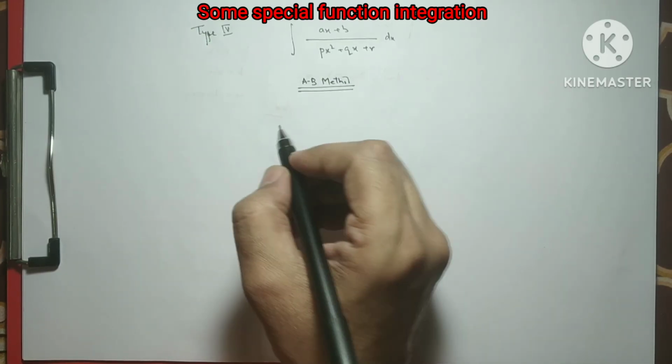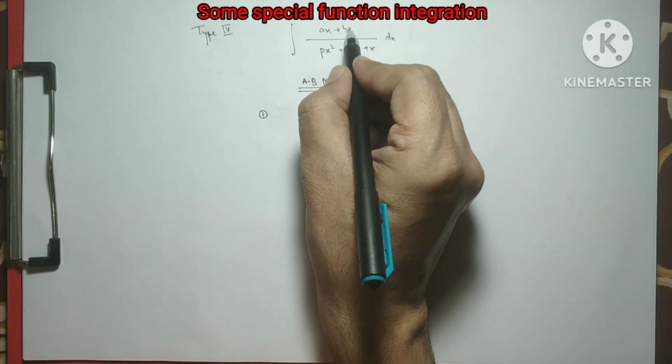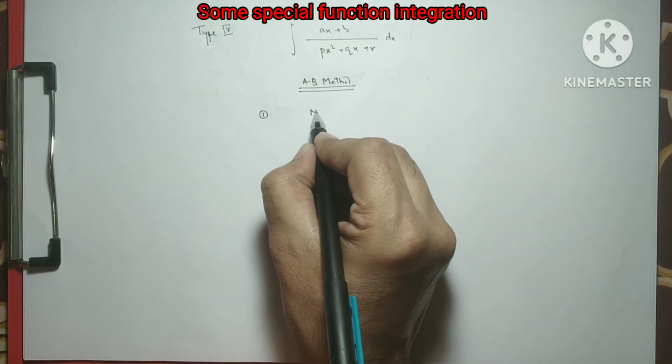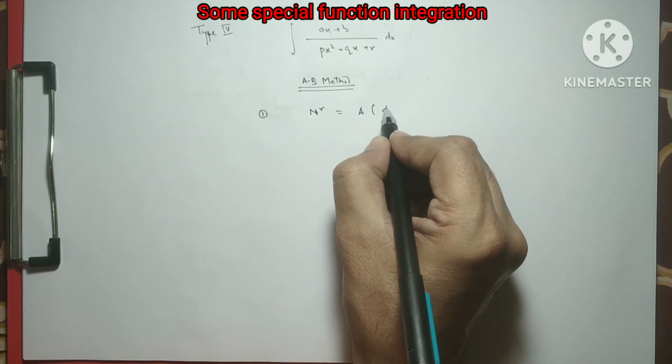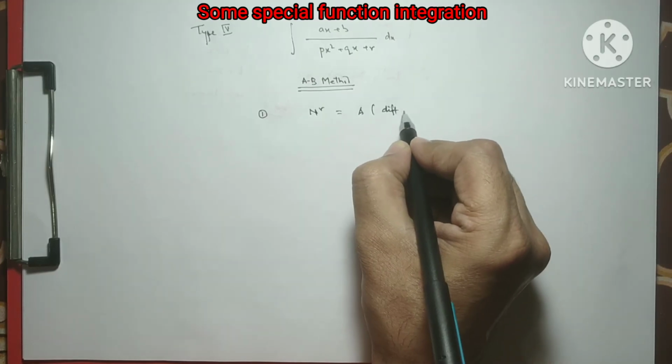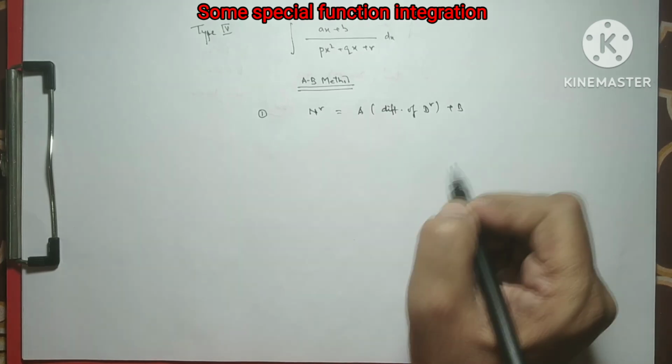According to this, first we change the numerator in terms of a times the differentiation of the denominator plus b.